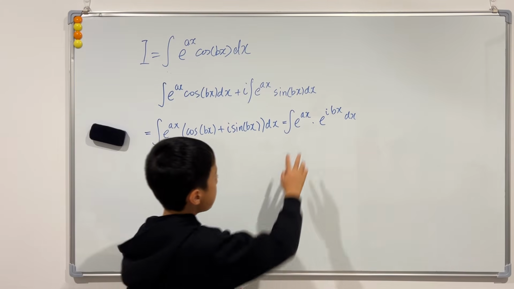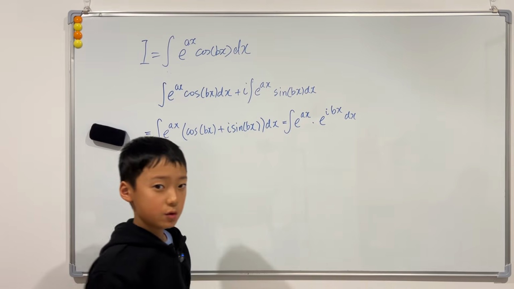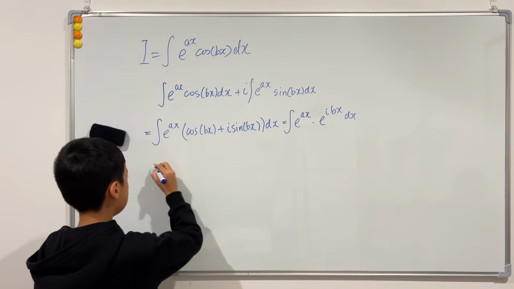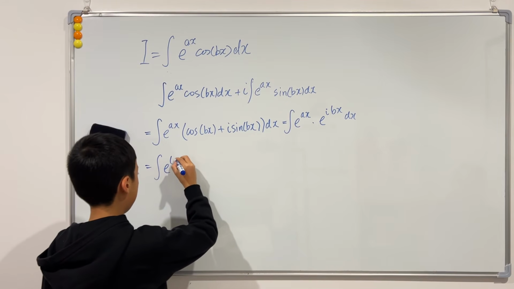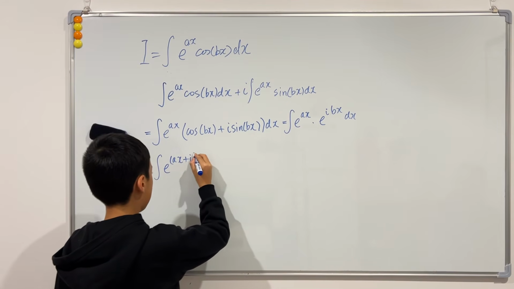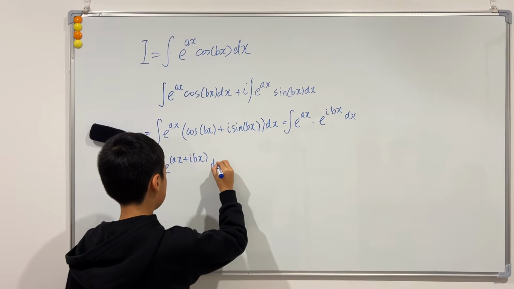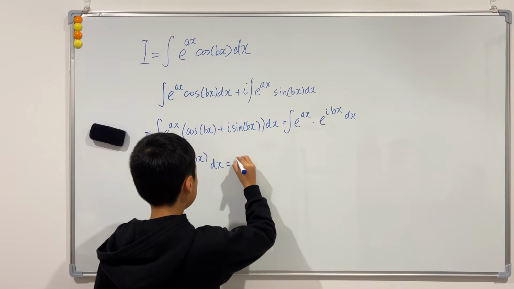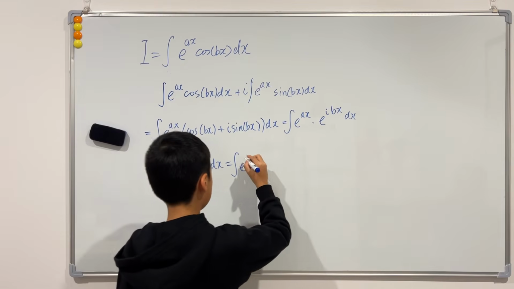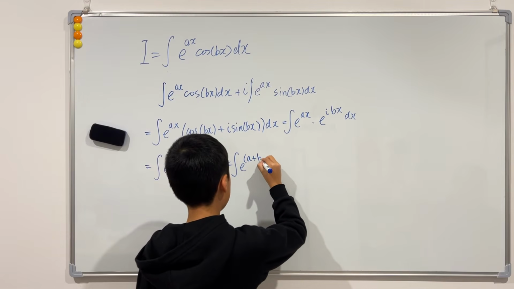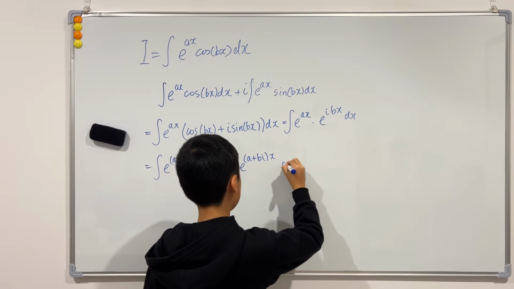So if we have multiplication of two powers, we can just add them up. So this is equal to the integral of e to the power of ax plus i bx dx. So this is equal to e to the power of, we can take x out, so the inside is a plus bi times x.